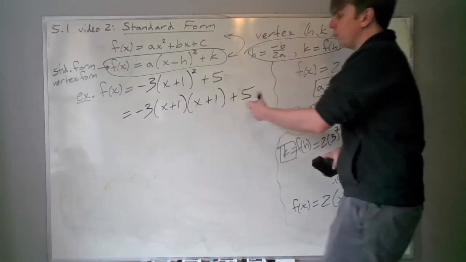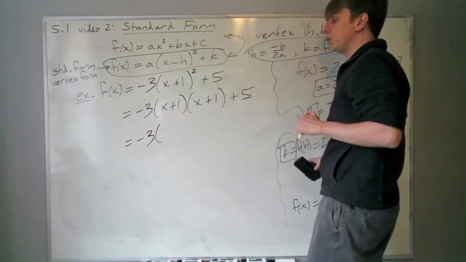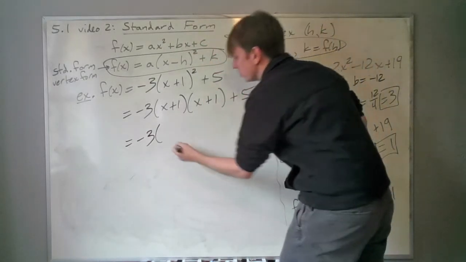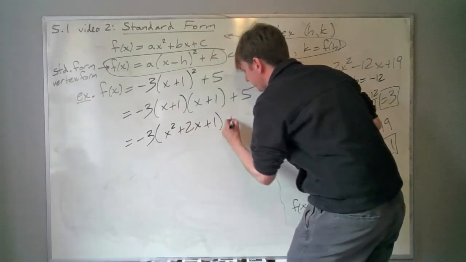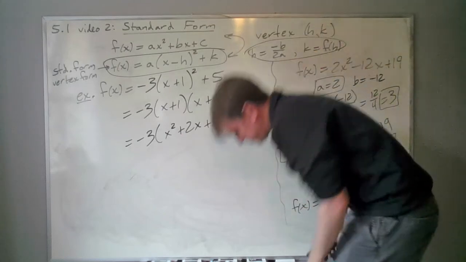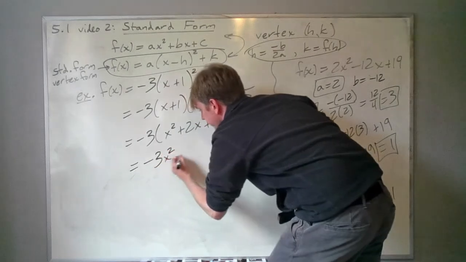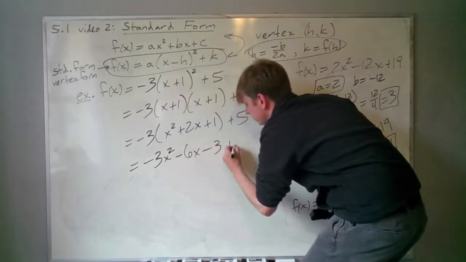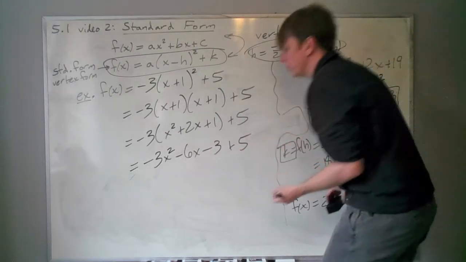So I'll FOIL the product of the two binomials. X plus 1 times x plus 1 would be x squared plus 2x plus 1. Then we'll distribute the negative 3 after we finish throwing our markers around. And finally, combine like terms, negative 3 plus 5 would be a plus 2.